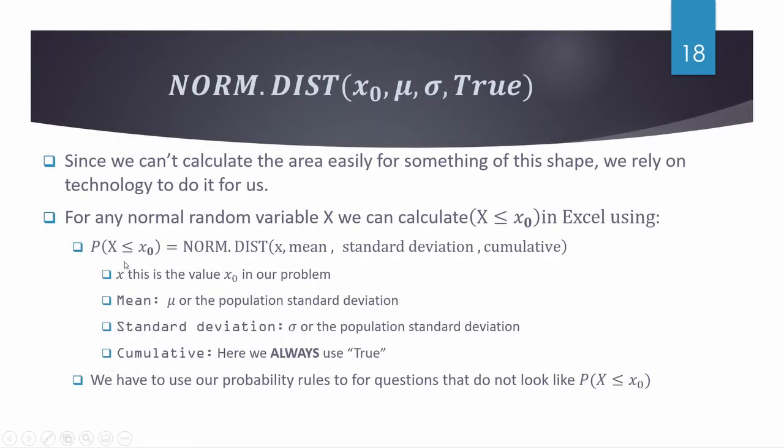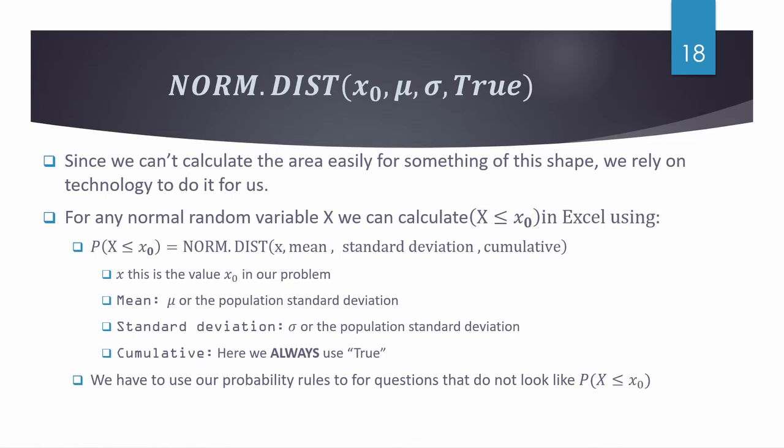Now, the caveat with the normal distribution as compared to the uniform is that we're not going to be able to calculate the area corresponding to some event arithmetically, because we're not going to be able to use rectangles in the same way we would for the uniform distribution.